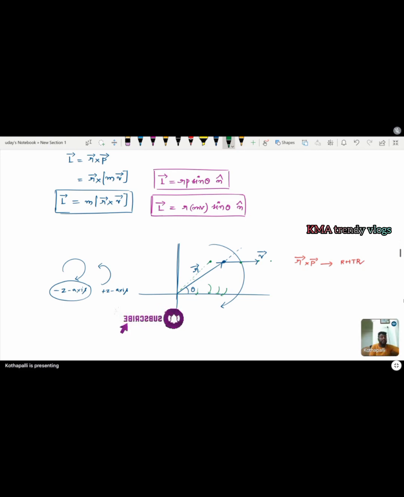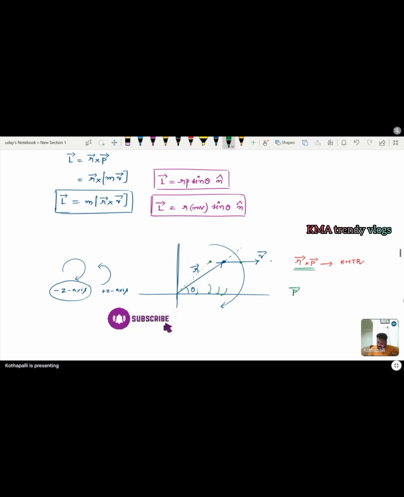So to satisfy the condition of rotational mechanics and the condition of the right hand thumb rule for the vector product of two vectors, both must be satisfied. The condition of rotational mechanics is: when a particle is moving in a clockwise direction, its direction is considered to be negative z axis side. If I apply the right hand thumb rule for these two vectors, it must satisfy that condition, which is only possible with r bar cross p bar.